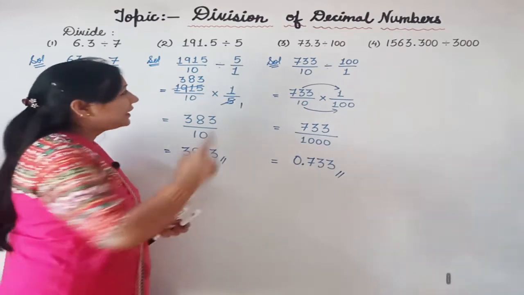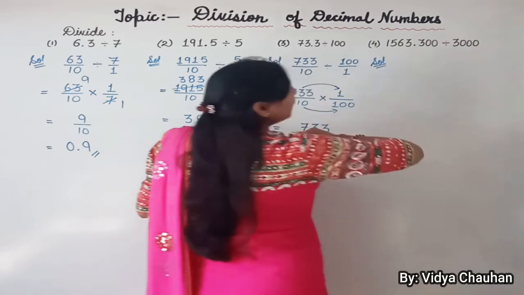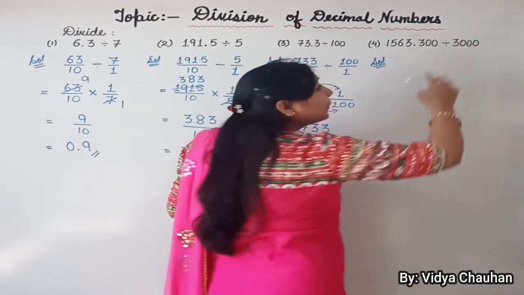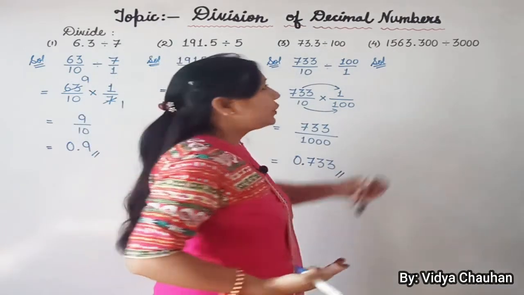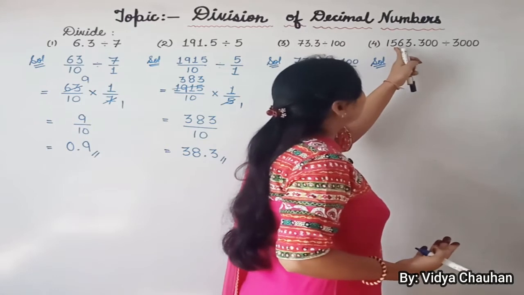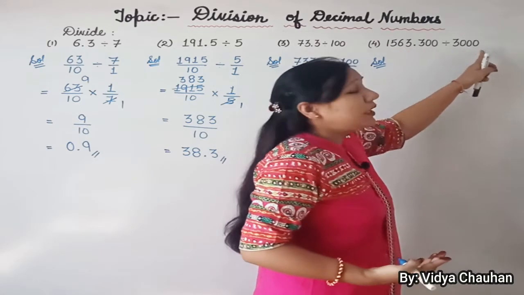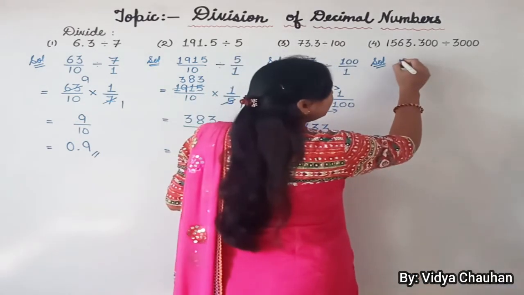Clear, students? Let's take the last solution. Now, to this number, decimal number divided by a multiple of 10, 100, 1000. So here you have to divide 1563.300 with the number 3000. So let us see the division of these numbers.